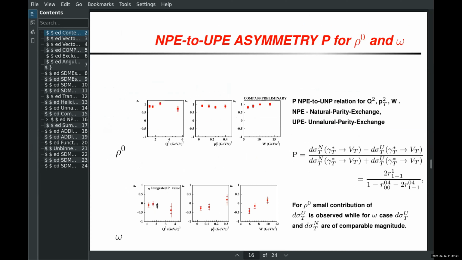We see that in the case of the rho zero, the contribution from unnatural parity is close to 0 and this asymmetry is close to 1, opposite to the omega, where it is close to 0.